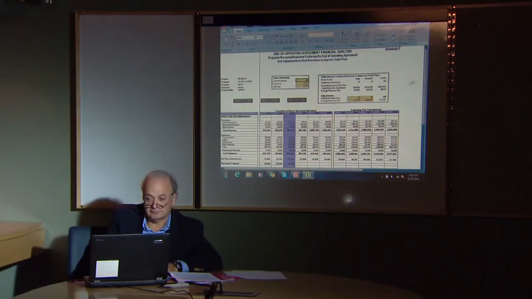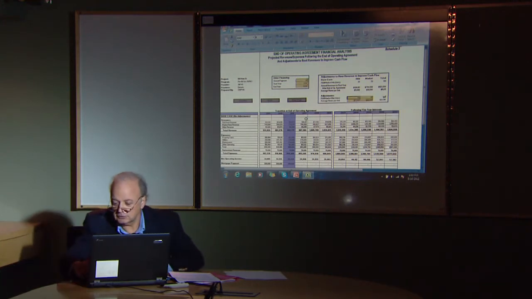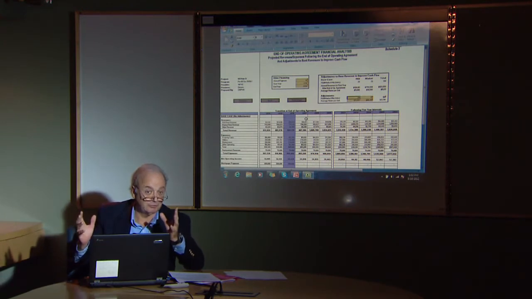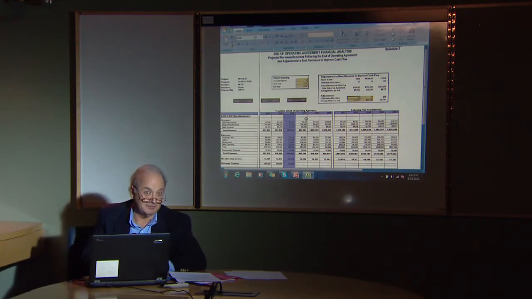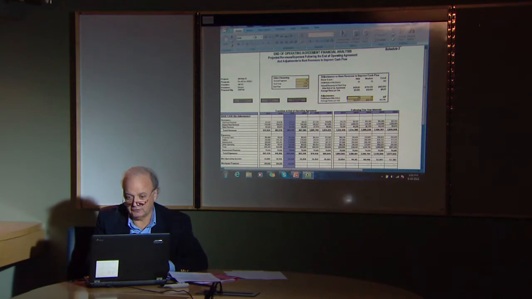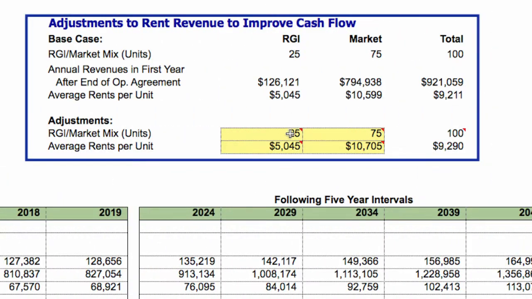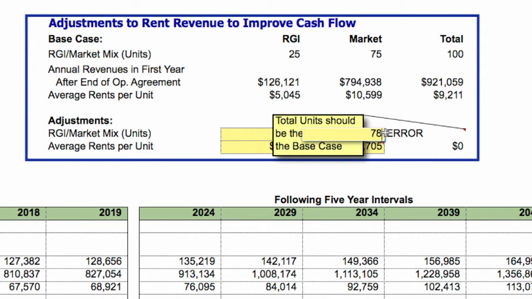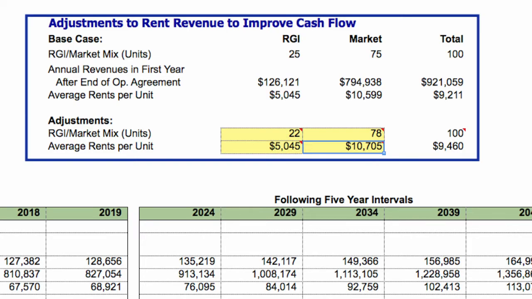So what if you do both? We come back to, let's say, okay, the objective here is to break even. We want to minimize the pain to our geared to income tenants as much as possible. So rather than 25, maybe we go 22 and 78. Plug that in.